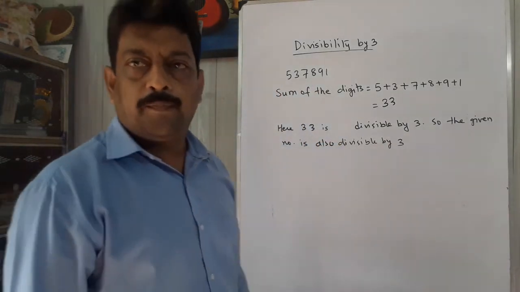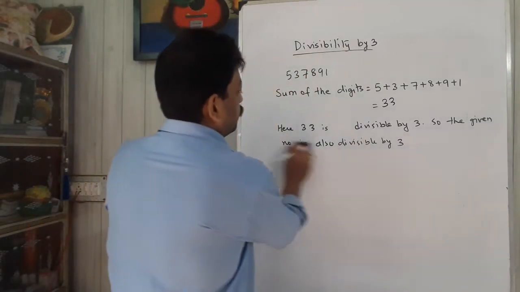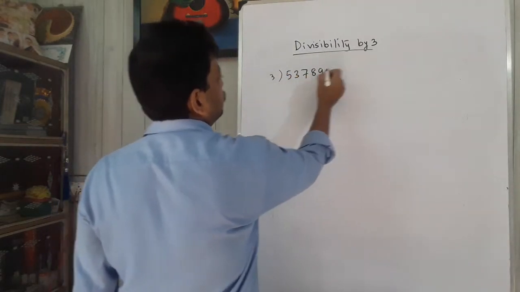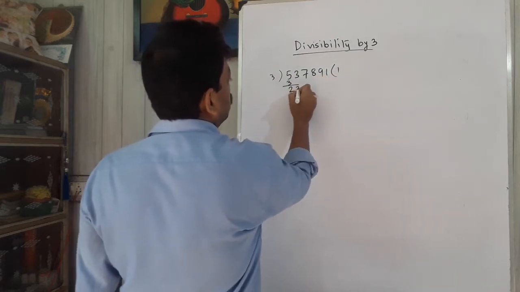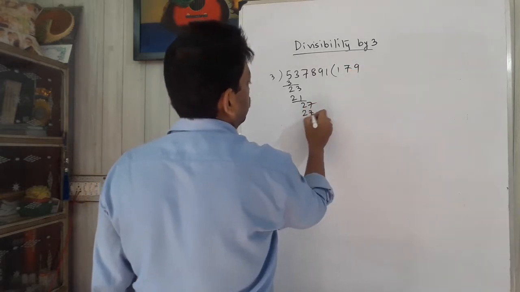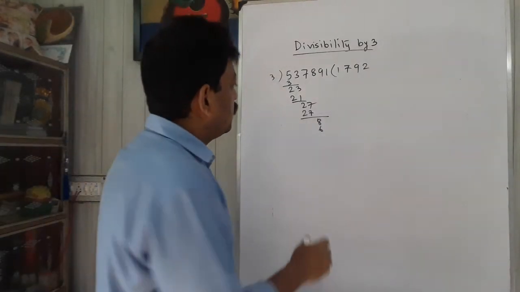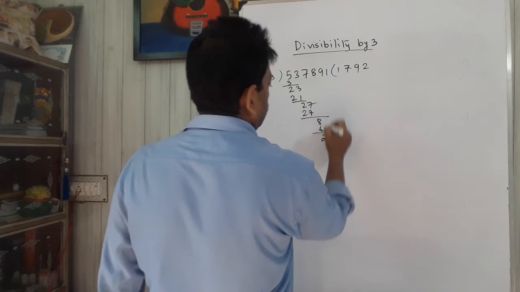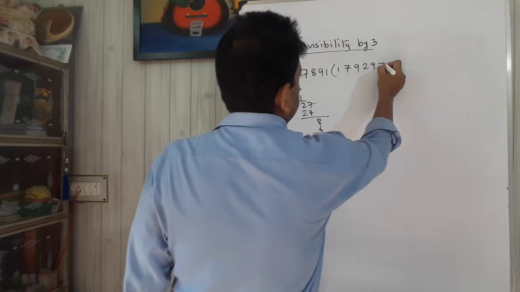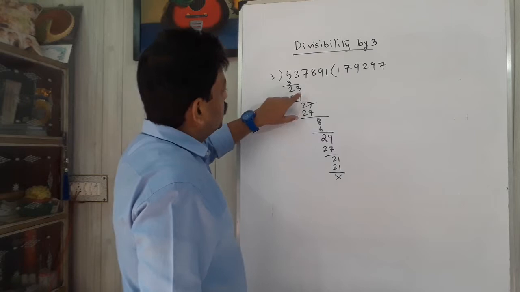divisible by 3. Okay. If you go for checking it by actual division, I am showing you. If you divide by 3, 3 ones are 3, 3 sevens are 21, 3 nines are 27, 3 twos are 6, 3 nines are 27, 3 sevens are 21.